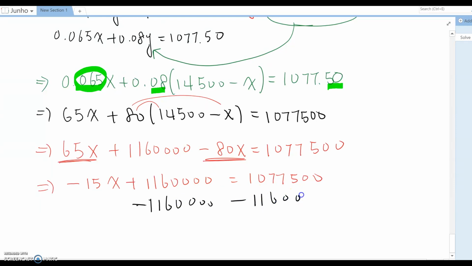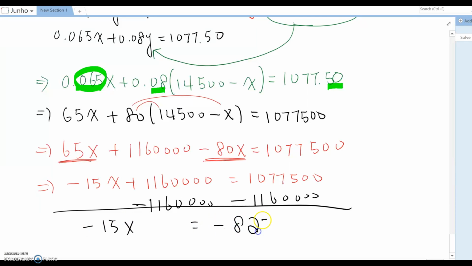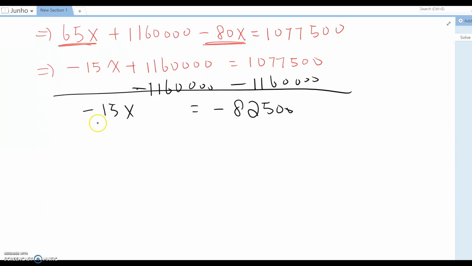Then this becomes negative 15x equals negative 82,500. Now, last step, divide by negative 15.